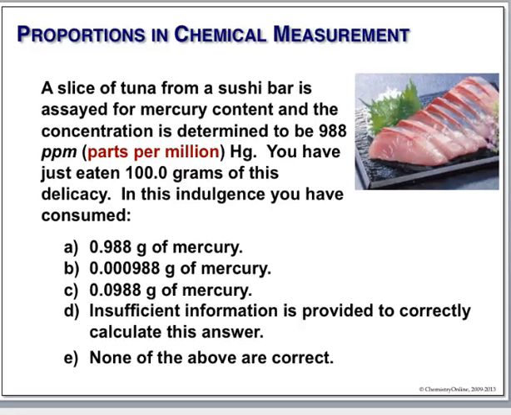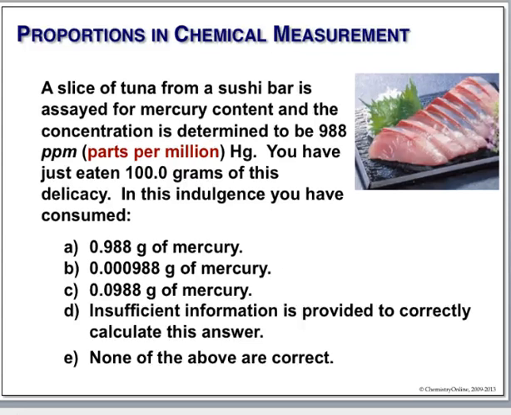Well, this is sushi. Very good. We know that tuna is very good, but it can contain mercury. And mercury is not good for you. Makes you stupid. Okay? You're advised not to eat too much mercury-containing tuna.